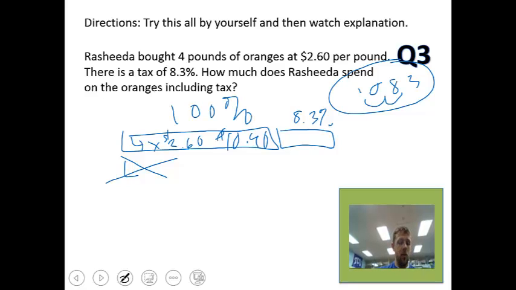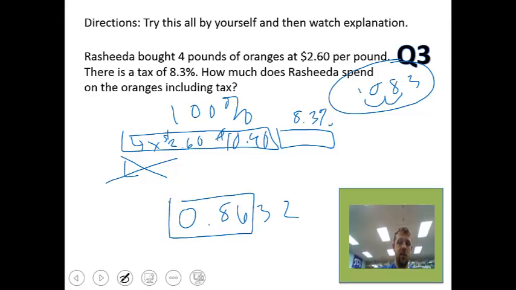So when I multiply, I am going to take $10.40, which was in the 100% box, and multiply it by 0.083. And I end up getting a tax that looks like this, 0.8632.